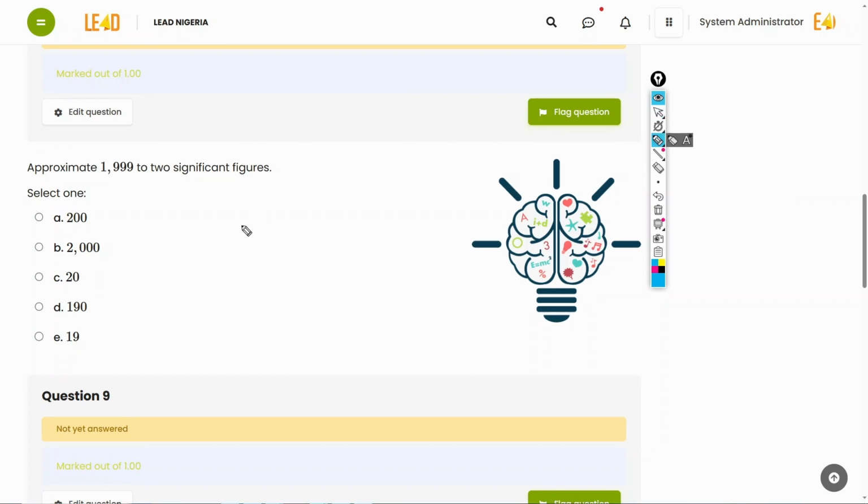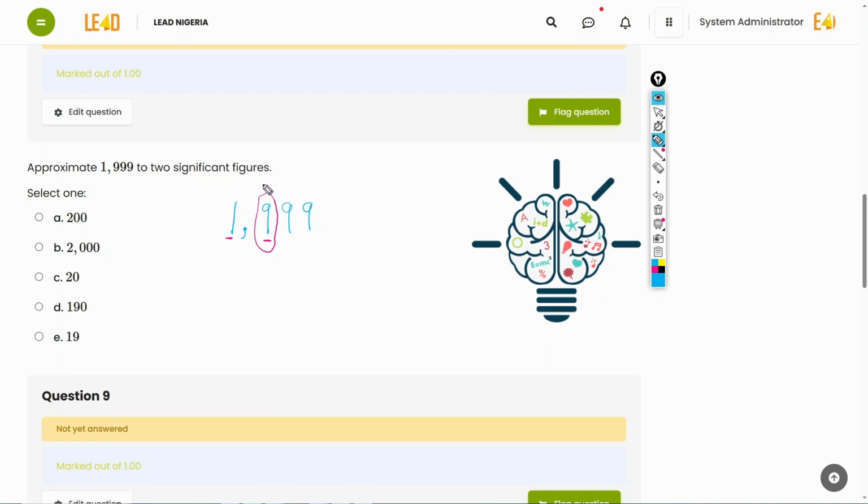Approximate 1,999 to two significant figures. First significant figure, second significant figure. We are rounding to this position here. We'll test the digit to the right of it, which is 9, a strong digit, obviously.